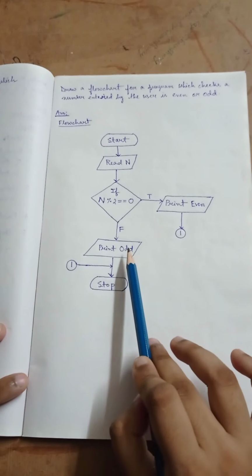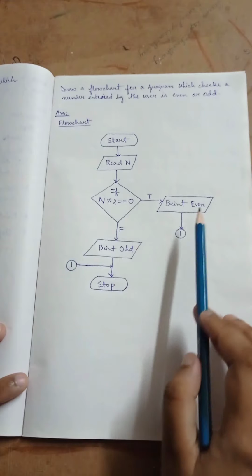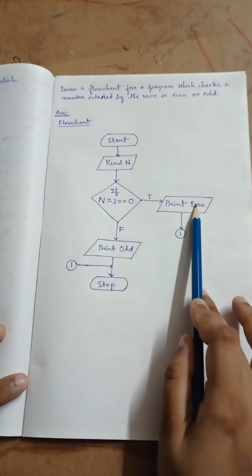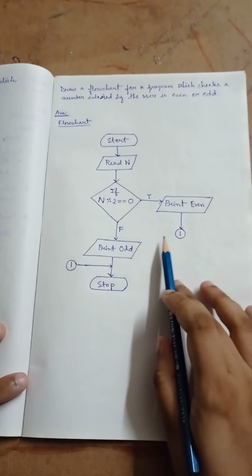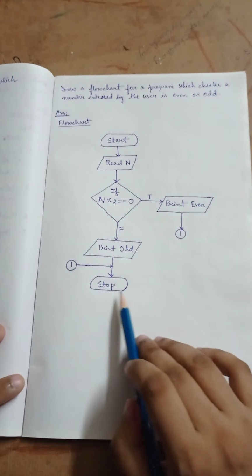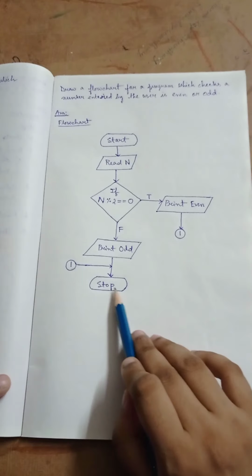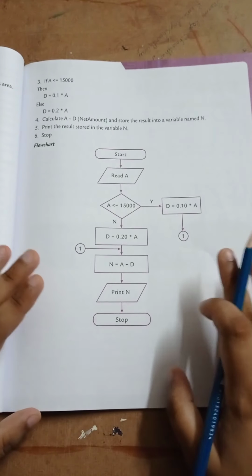Both these statements are connected with a connector called 1, because both are connected with the last statement, which is stop. That's all for today's class.